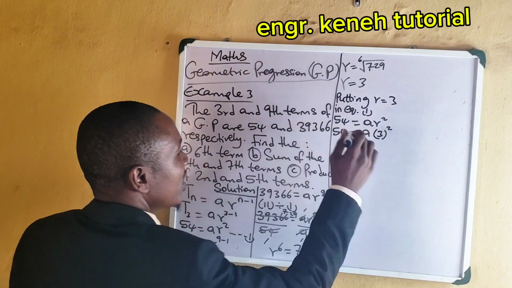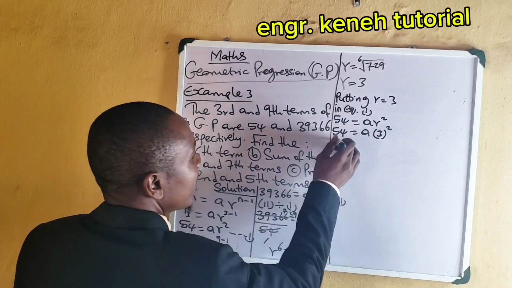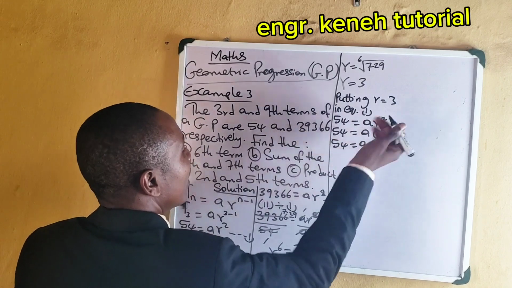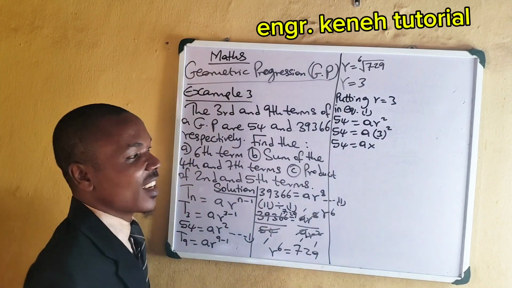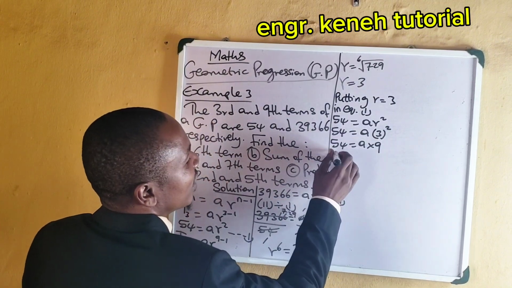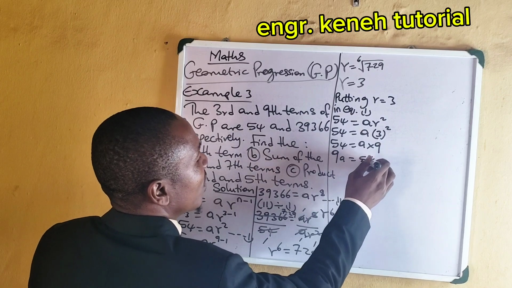Because 3 is representing it. Is it clear? All right, so now I have 54 is equal to a times 3 raised to the power 2, meaning 3 times 3, which will give me 9. So this will give me that 9a is equal to 54.